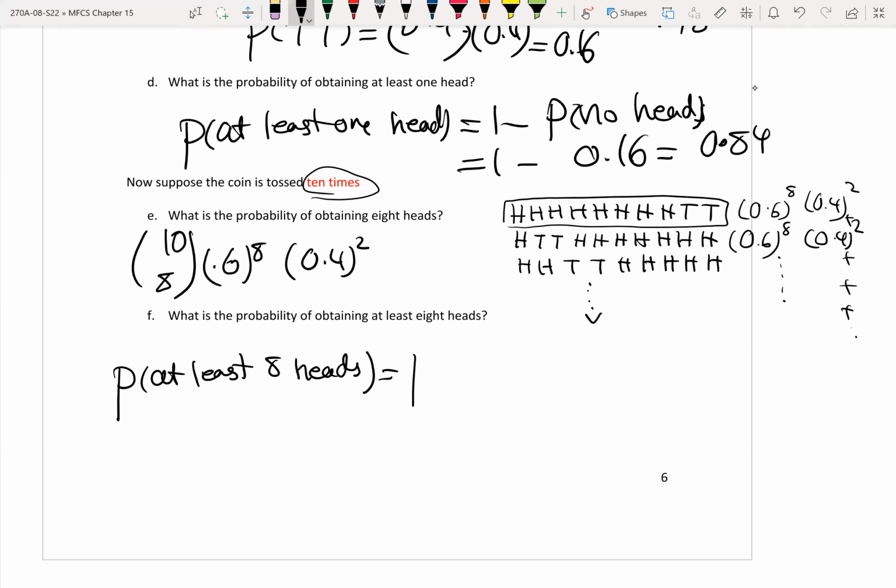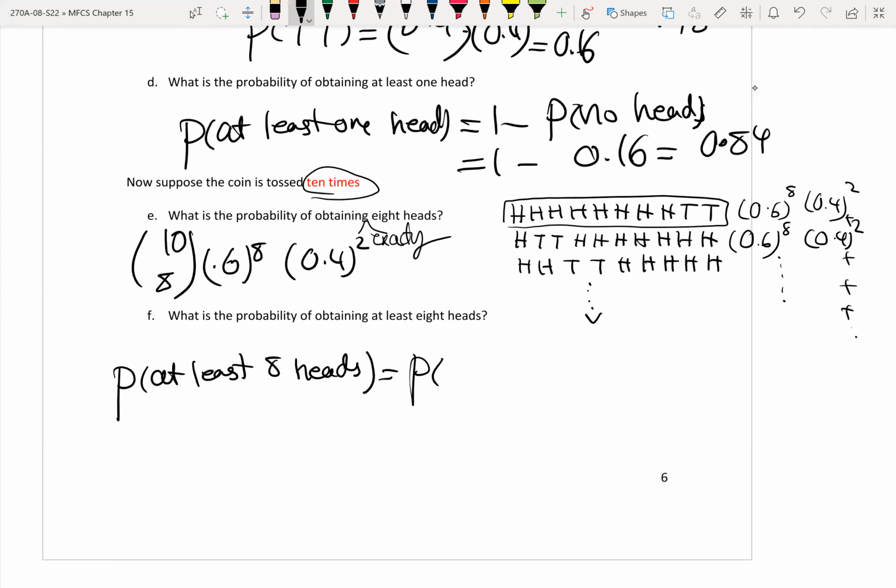At least 8 heads, and I think that way is easier. 8, 9, 10 is easier than going back. You sum it all. This is for exactly 8 heads. No, if we sum it.